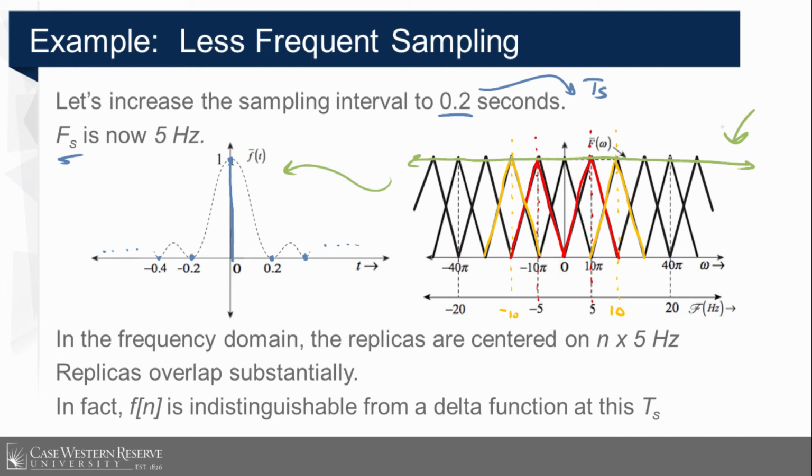And our time domain signal, which used to be a sinc squared function, we can't tell that from a delta function. All right, so we see how moving to a long sampling interval can cause us to lose all of the information in our time domain and our frequency domain, right? We can clearly no longer replicate the sinc squared continuous time signal from the frequency domain.